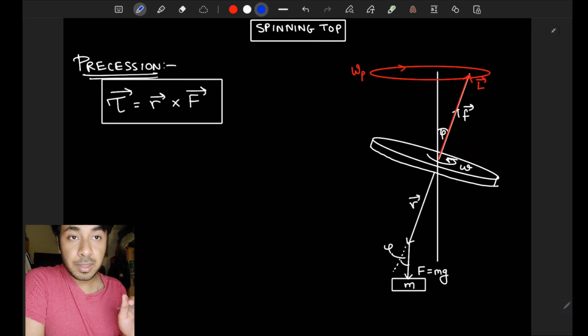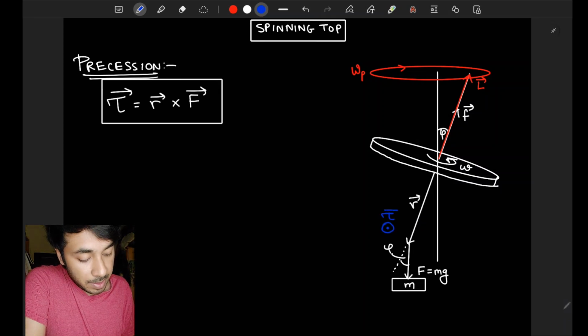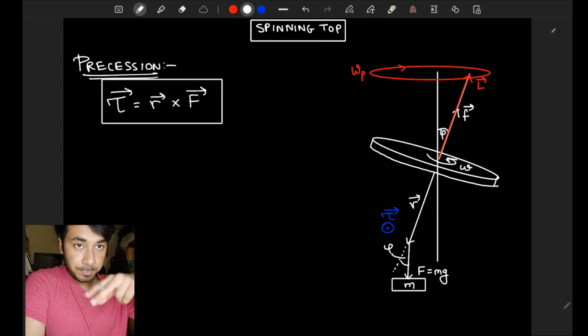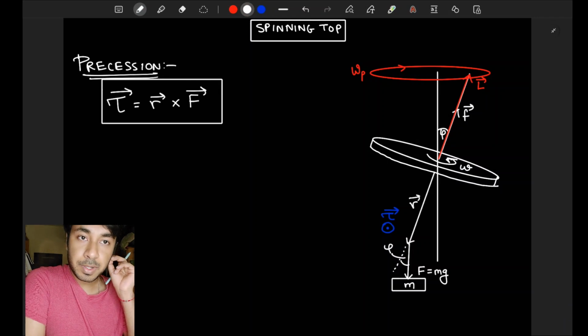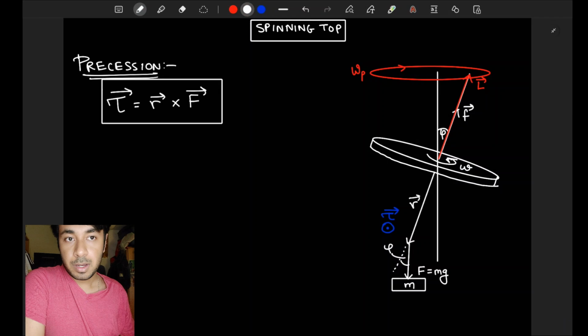If you have the r and the F, when you do a cross product, you get another vector pointing inside the plane we are watching right now, and that is exactly what spins the already spinning top into another axis of rotation. So this is why precession happens, and it is because there is a constant force working on the body, on its symmetry axis, on the axis that it is already rotating about.